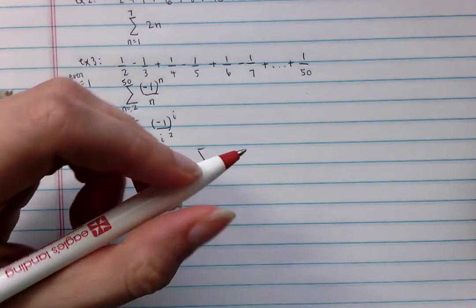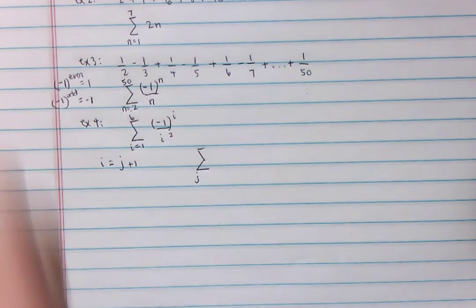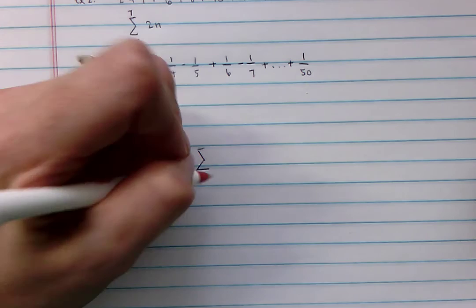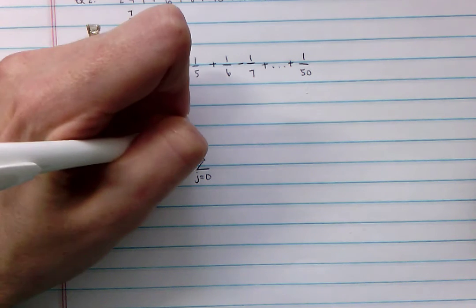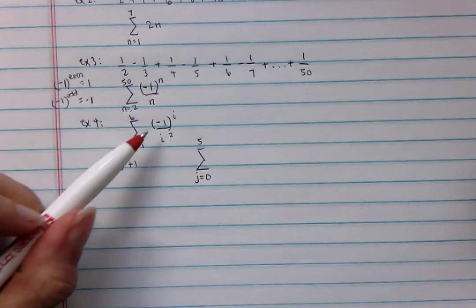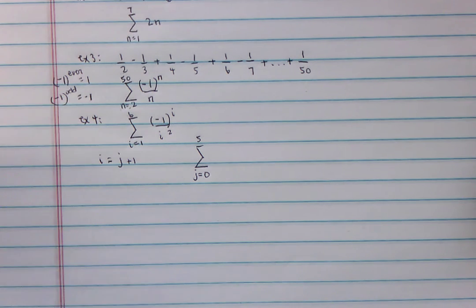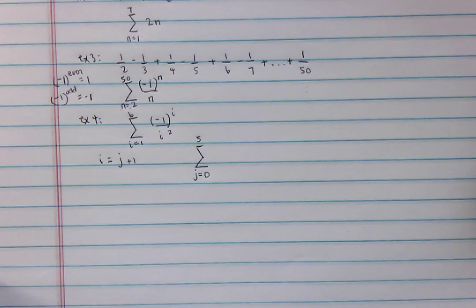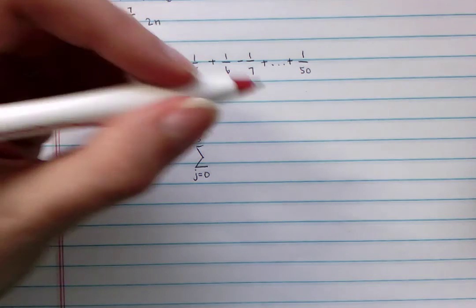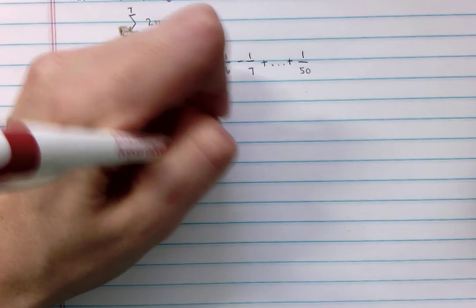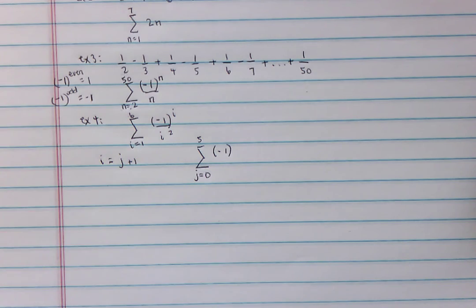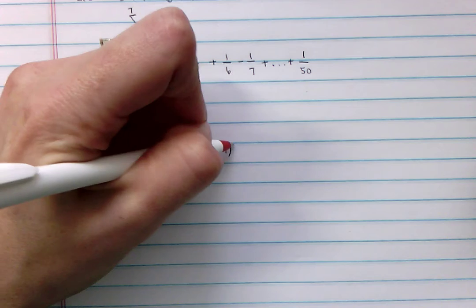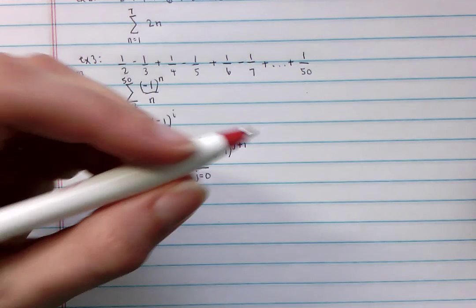Okay? So when we rewrite this, we're going to start this again with j. We're going to say j starts at 0 and it goes to 5. And then all you have to do here is replace the i's with the j plus 1. So now it's going to be negative 1, instead of to the ith power, we're going to say to the j plus 1.